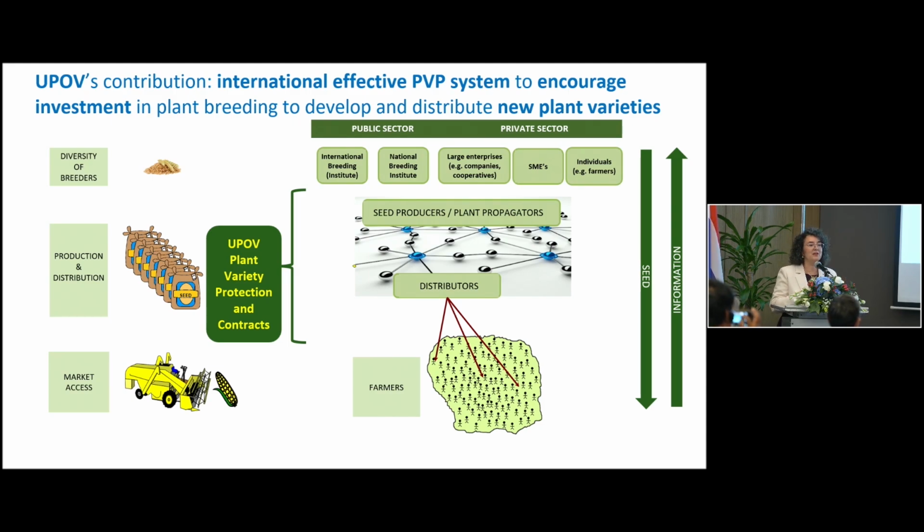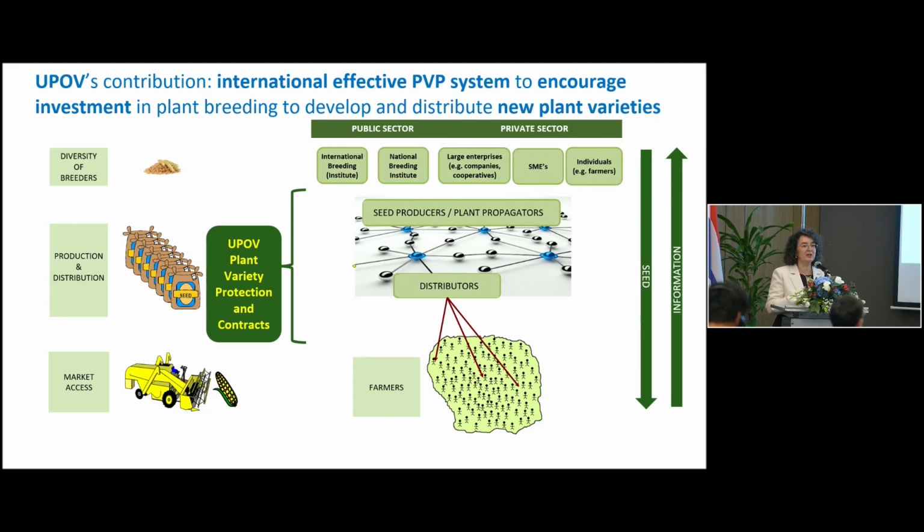We need public research breeding, we need private sector breeding, we need farmer breeders. There are very successful cooperatives of farmers that have become breeders. We also need to create jobs and opportunities for small and medium-sized enterprises. All of them will be there if we can secure constant investment in breeding. And how does that take place in practice? Through plant variety protection.